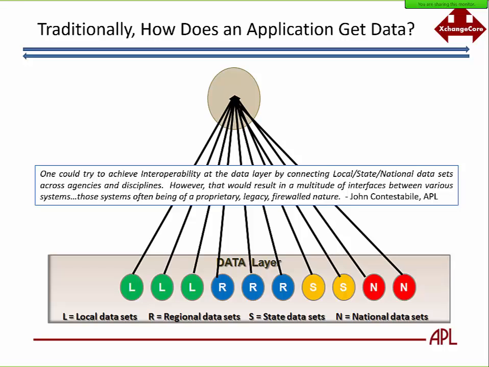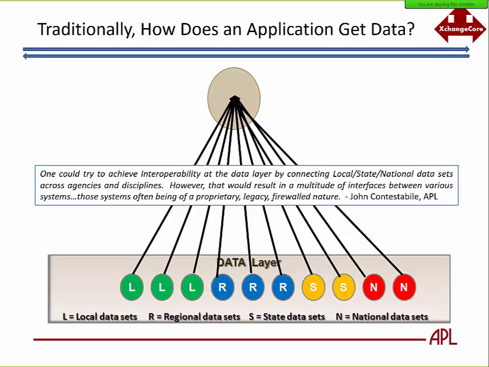One of the things he says is that we could achieve interoperability at this data level, which is the way most systems look at it today, by connecting local, state, and national data sets across agencies and disciplines. Like that. However, that's going to result in a multitude of interfaces between various systems. And many of those systems are proprietary.